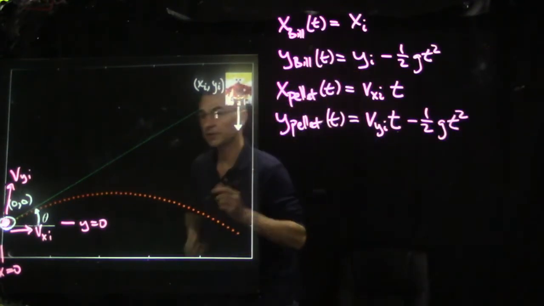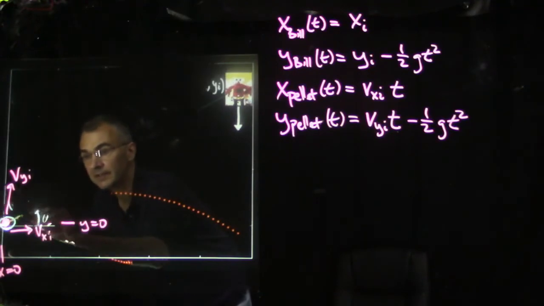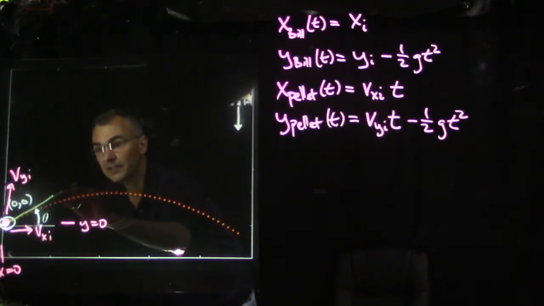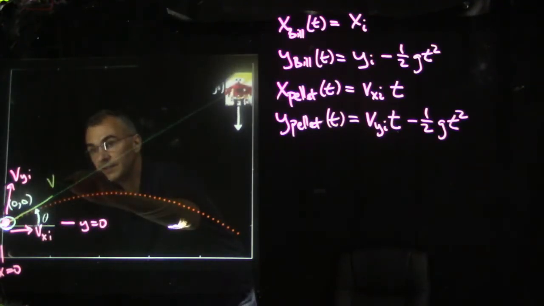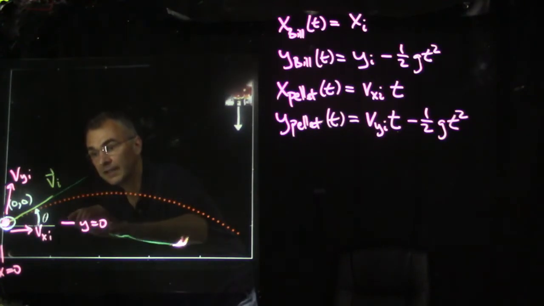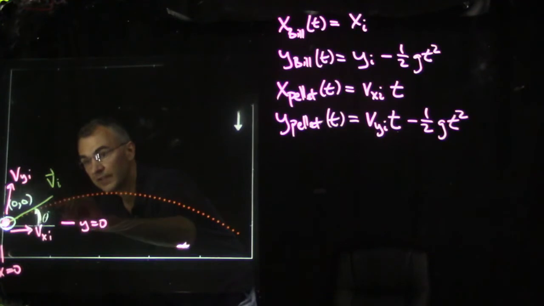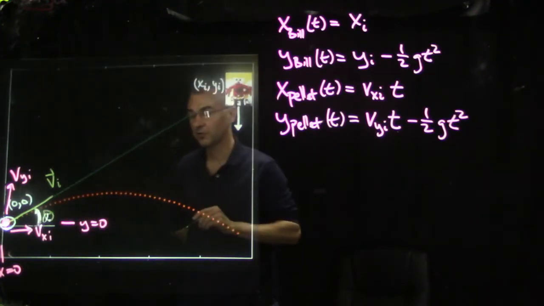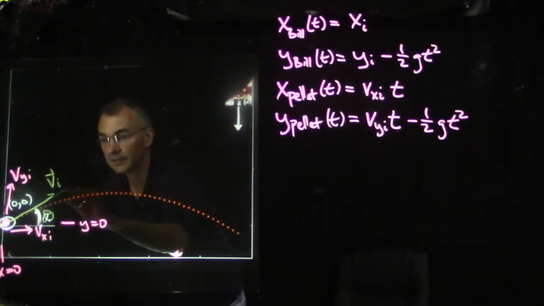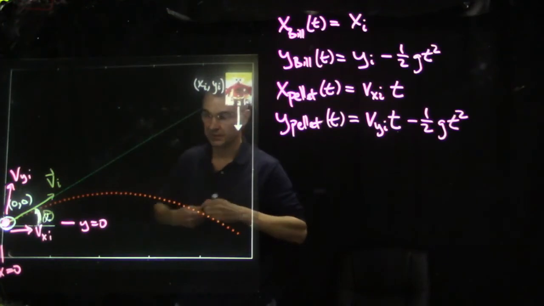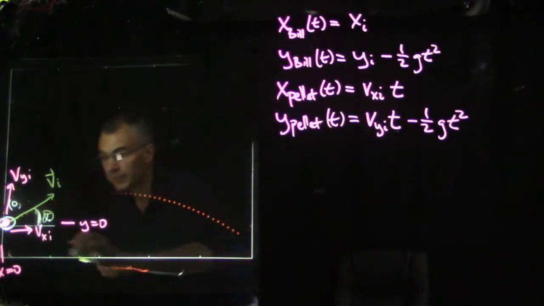Then let's do a little bit of trigonometry. So here is V initial, and here is the angle theta with respect to the horizontal at which we release the pellet.